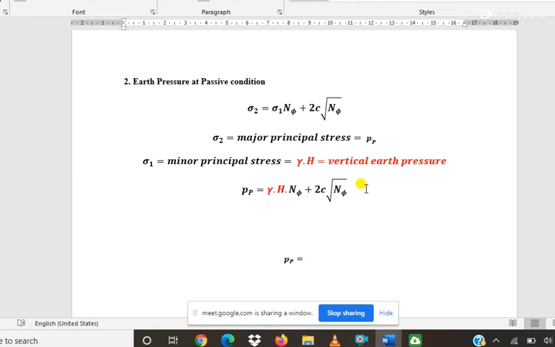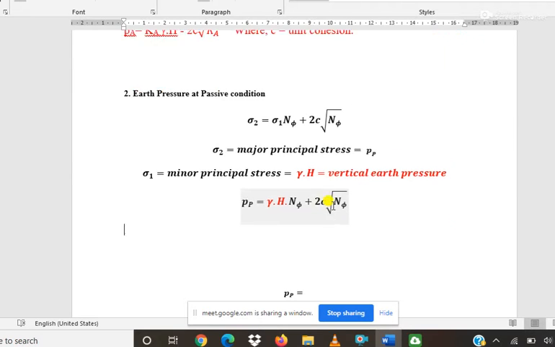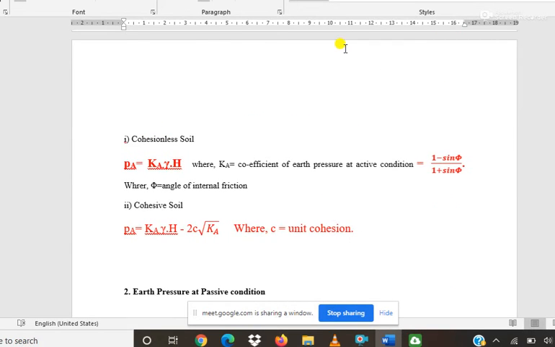This is very simple: now we have the mathematical equation of PP, passive lateral earth pressure. We have the equation instantly. That's why we don't have to modify this equation, but we have to just put the value or the equation for N phi.